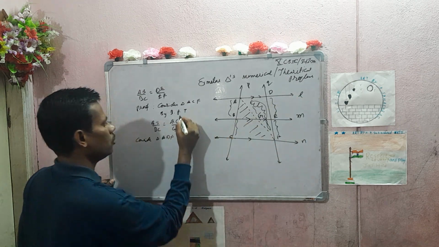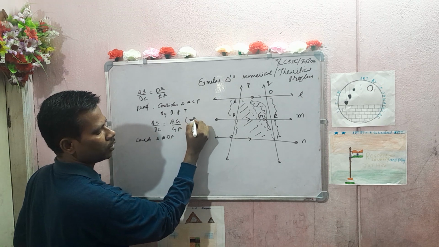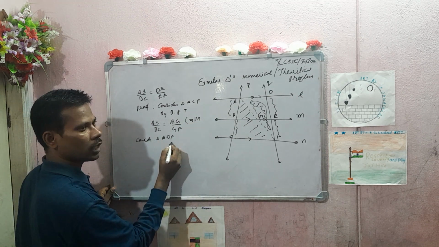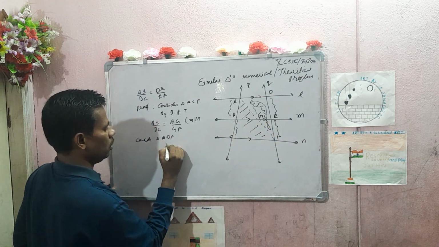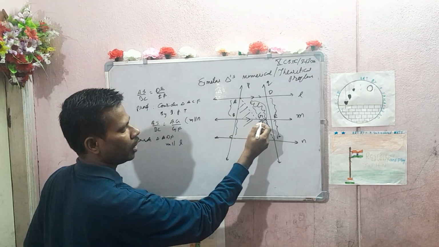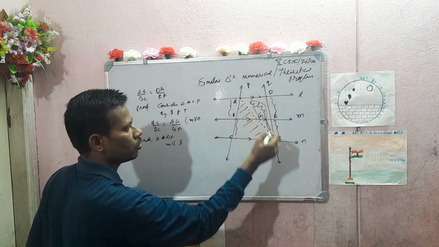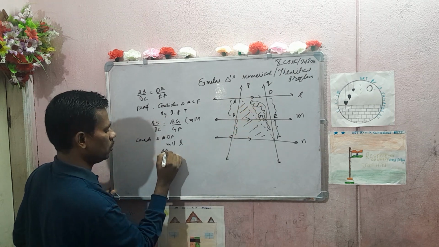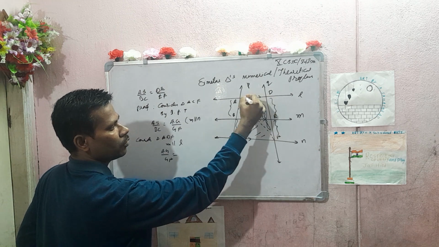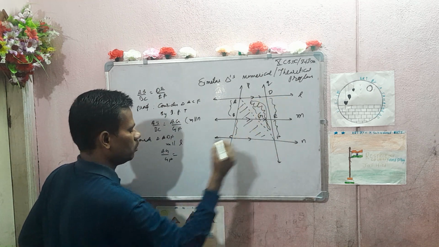M is parallel to L. You can write by BCD, or you can also write M is parallel to N. Consider triangle ADF. M is parallel to L. So if a line is drawn parallel to one side of a triangle, it will divide the other two sides in the same ratio. AG by GF is equal to DE by EF.